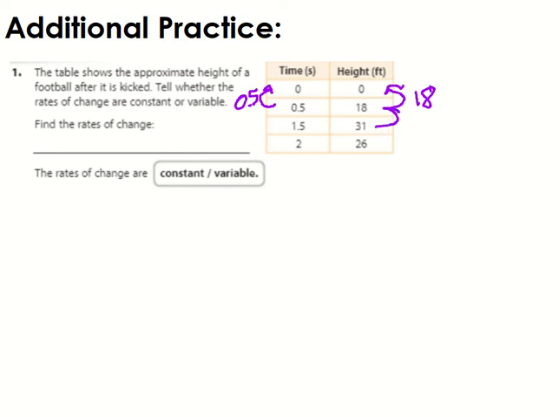And then I can check this change. So 831 take away 18, that's 13. And that's also 1/2. Well, that's already a problem, right? They changed the same here, but different here.